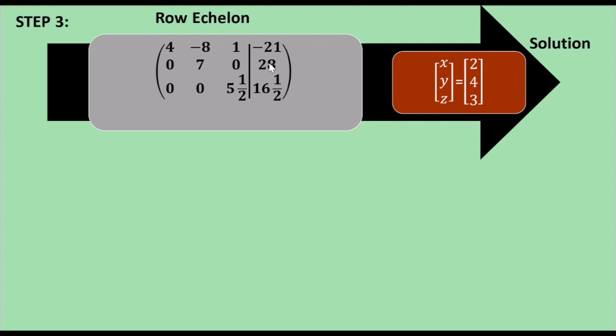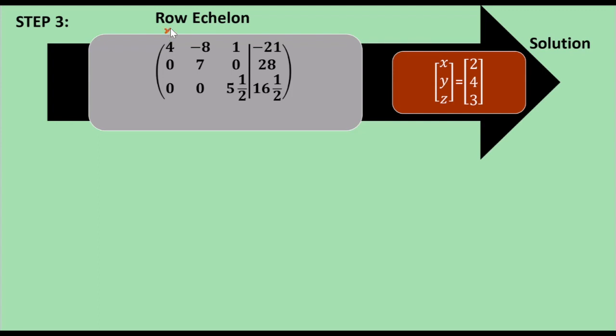Step number 3, which is also the final step, would be converting the row echelon form to our solution. And this part is quite easy to do. We would now multiply the coefficient with the variables again.